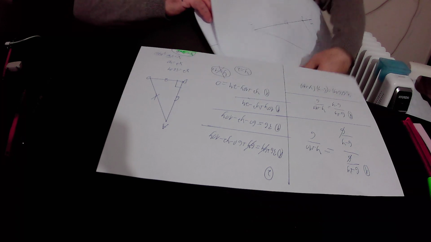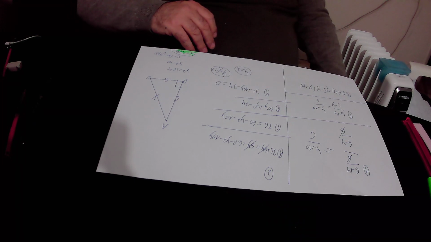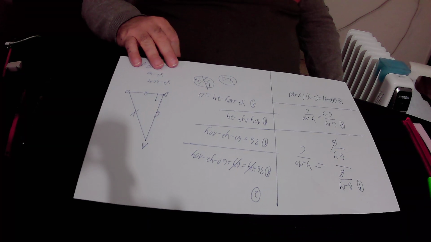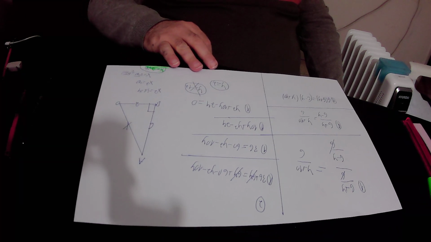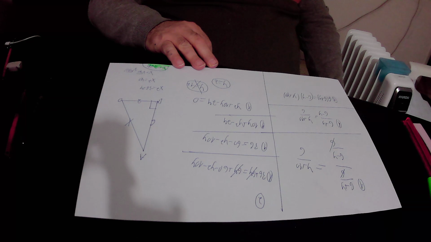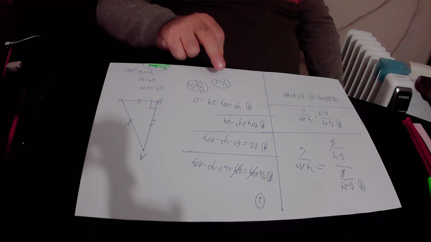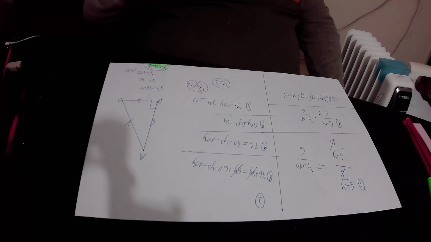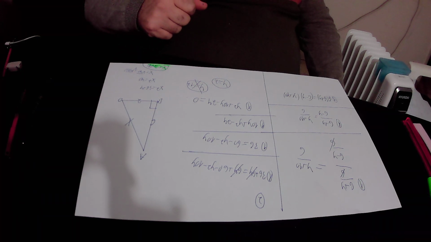And after we solved this equation, we got the quadratic equation y squared plus 10y minus 24 equals 0. And it is exactly the equation that we already found in the second method.